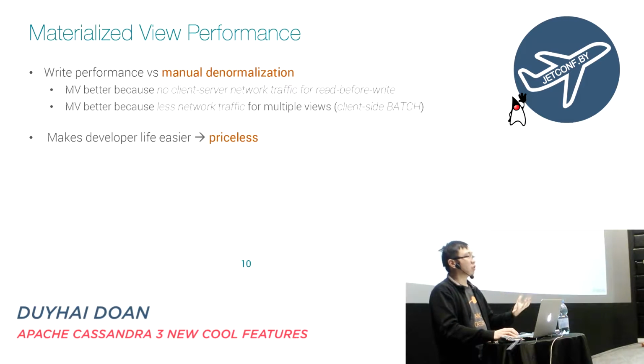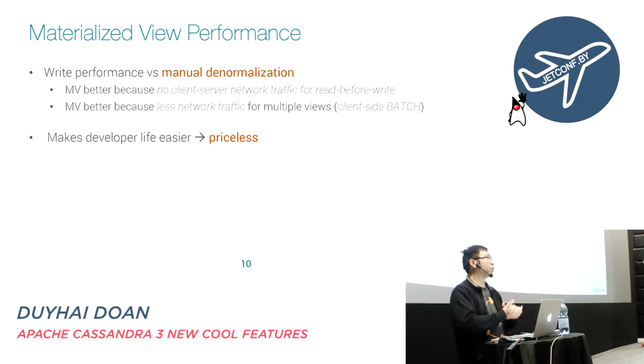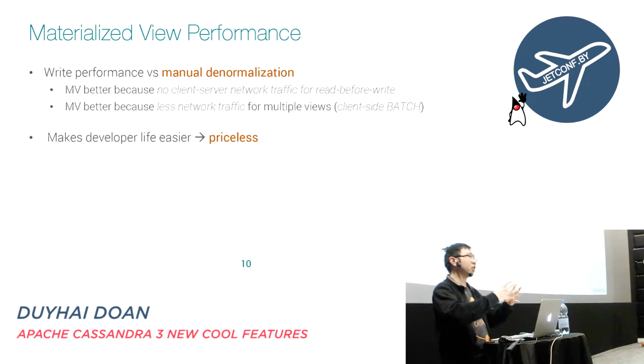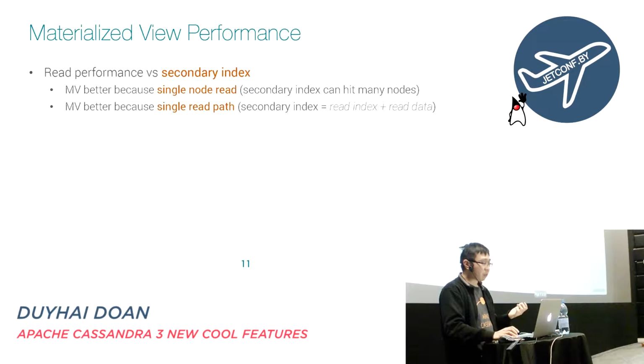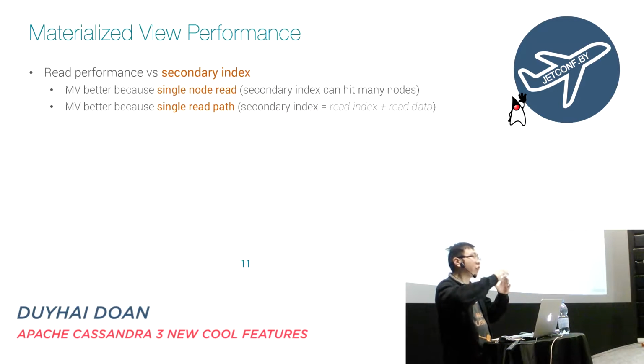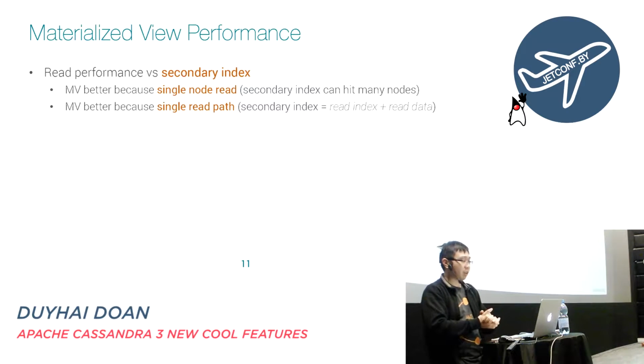What about the performance of Materialized View compared to index? Because for example, people used to create secondary index to be able to search. Okay, with the view, you always have a single read path. You are reading directly from one partition on disk and 1 machine.